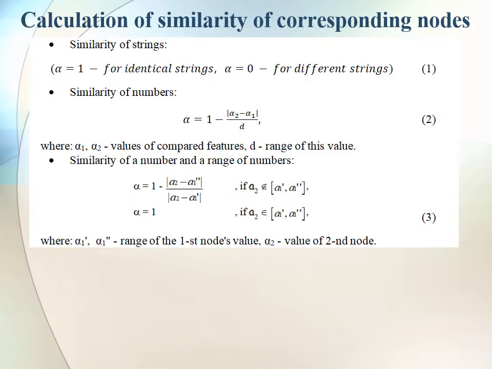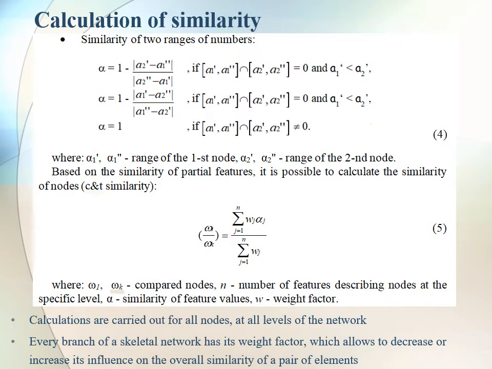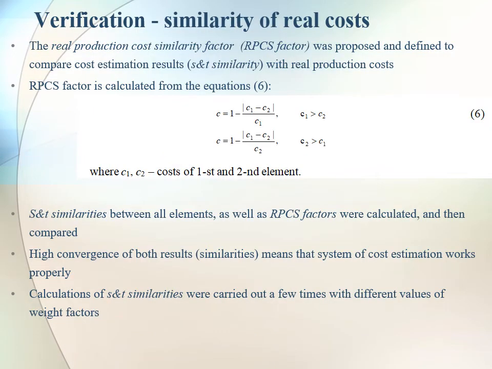Based on these partial similarities, the overall similarity of the whole pair of elements is calculated as an average value with some weight factors. Those weight factors are important because we can change the weight of some specific features on the overall result. So after calculation, we have this overall similarity.